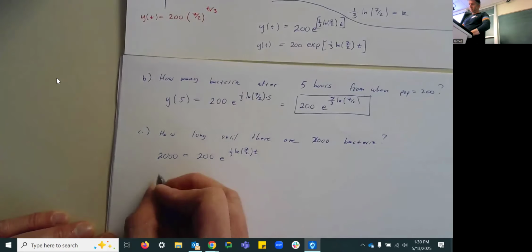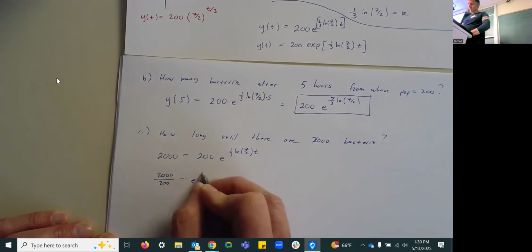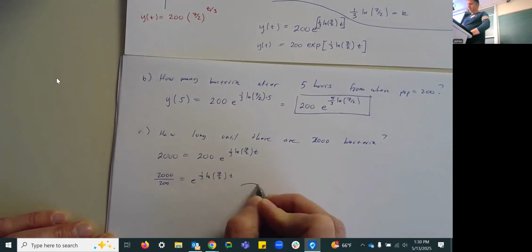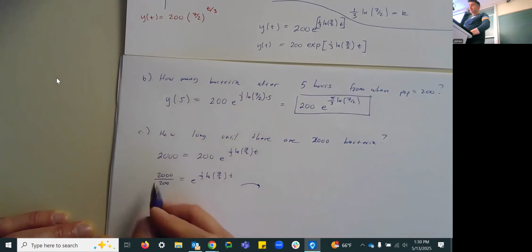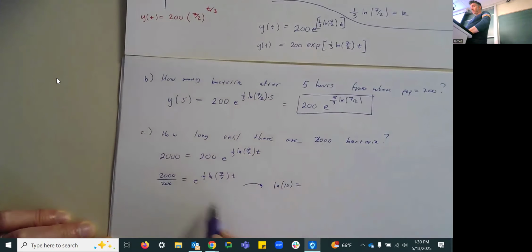We're going to divide by 200, equal to e to the 1/3 natural log of 7 halves times t. We're going to take the natural log of both sides. By the way, 2,000 divided by 200 is 10. So we're going to have the natural log of 10 equal to, okay, the natural log of e to the stuff is just the stuff.